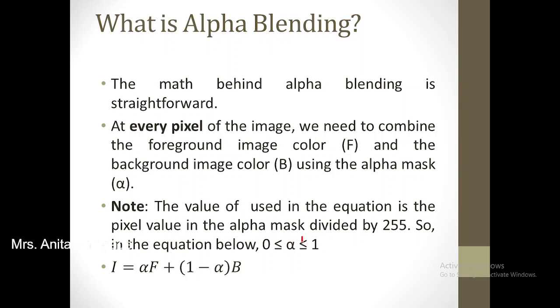So for alpha blending, the pixel color is a mixture of background and foreground if it ranges between 0 and 1. Here you can see the formula, I is equal to alpha F plus 1 minus alpha B. F is the foreground image color and B is the background image color, and this alpha value ranges depending on the colors.